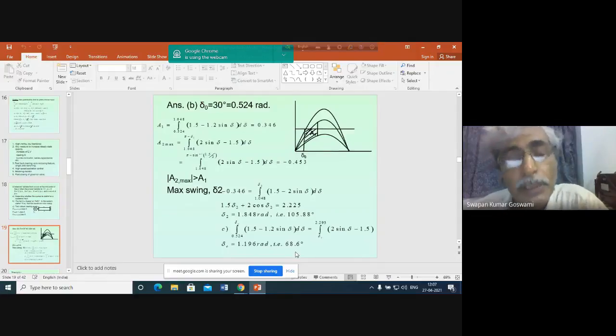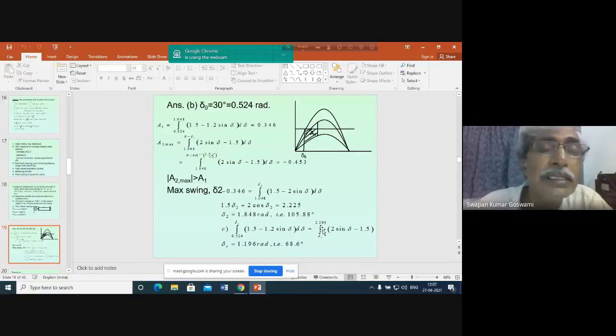That means the clearance of the fault may be delayed up to this angle, the critical clearing angle. This means how long you can wait, or how much time you can permit the protection system for clearing the fault.